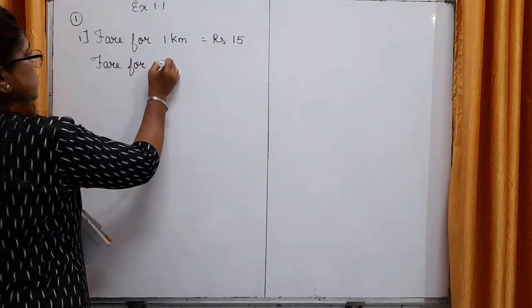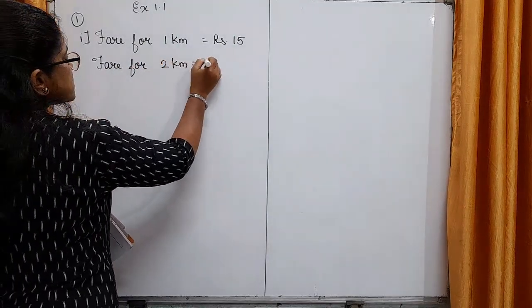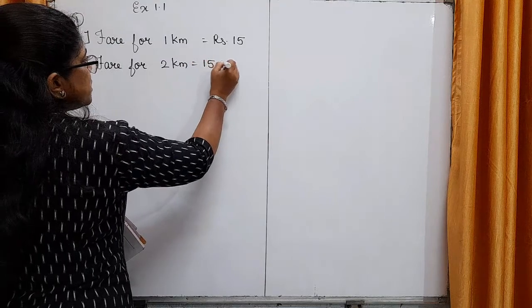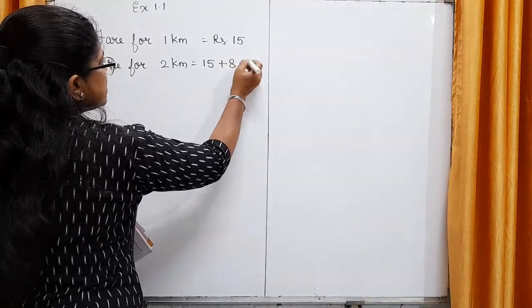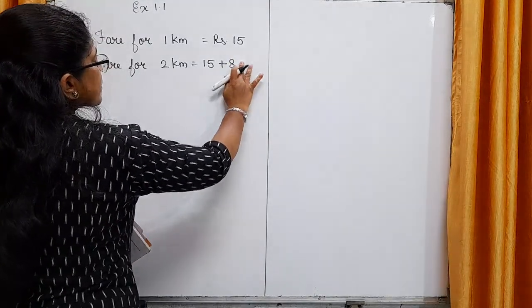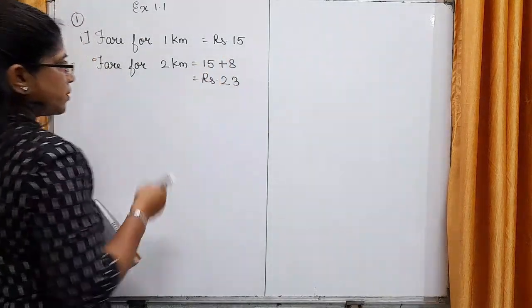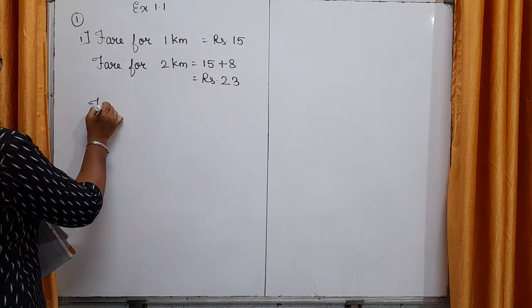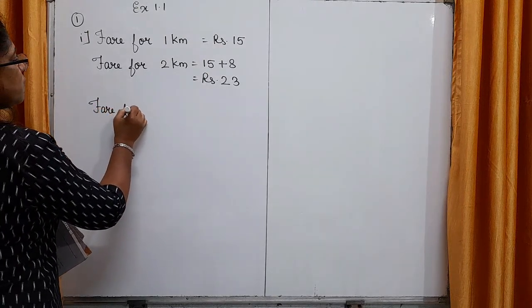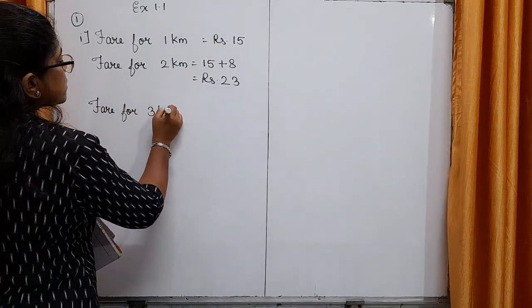Then next, the fare for 2 kilometers. This is 15 for the first kilometer, 8 for the next kilometer, rupees 23. Fare for 3 kilometers.